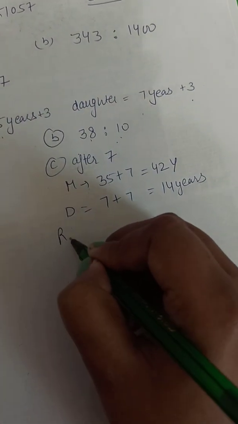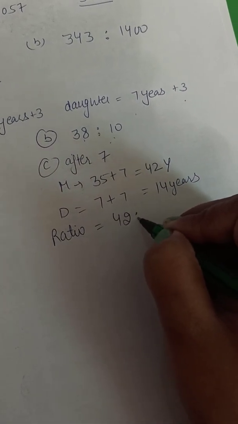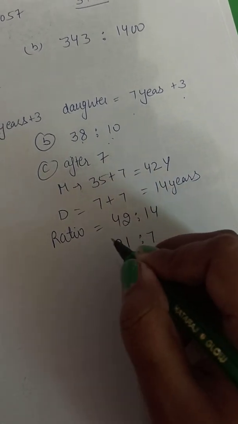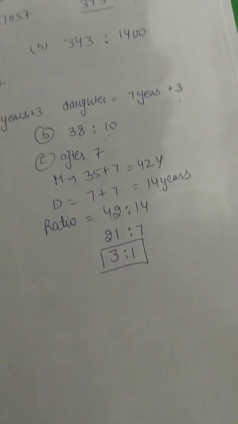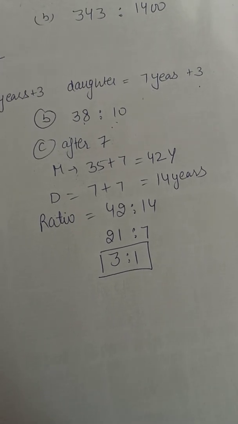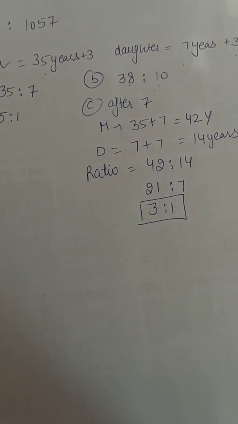So the ratio is 42 ratio 14. You can write 21 ratio 7, that is 3 ratio 1. After 7 years, her mother will be triple her daughter's age. Right? Clear this one?